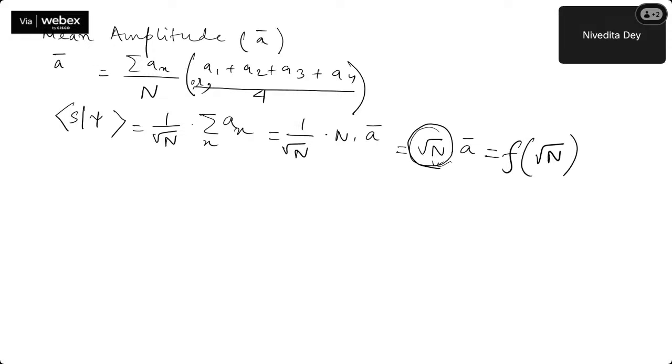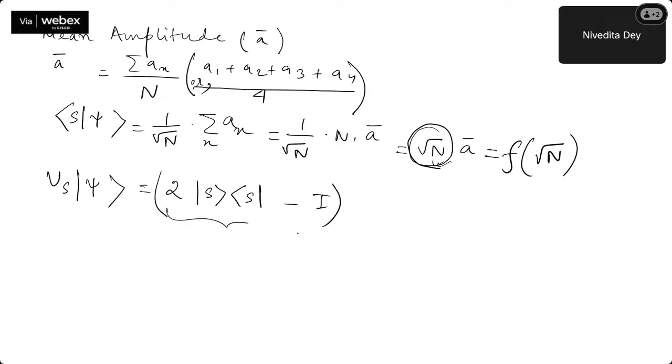Okay, now U_S, that is the reflection operator. Once that is applied on ket psi, what was the expression? It was 2 times ket S minus I, the operator itself, times ket psi.